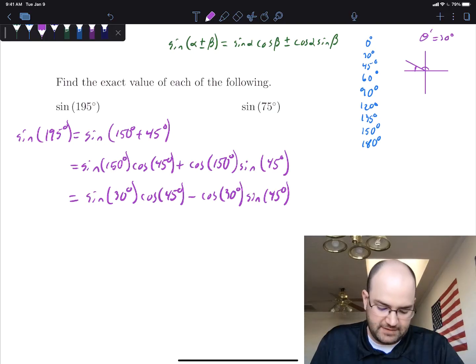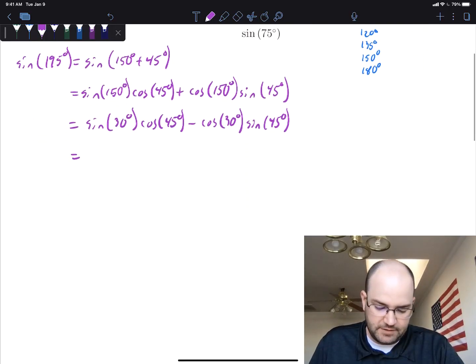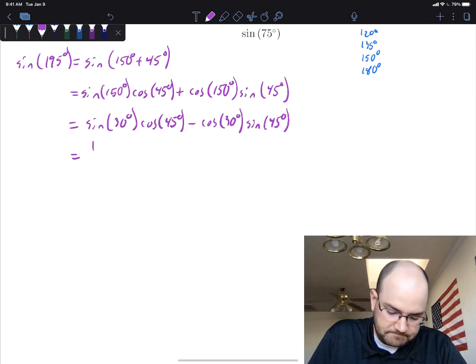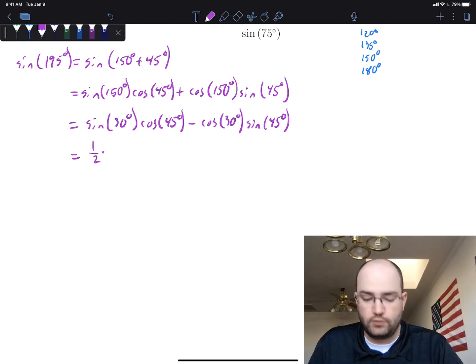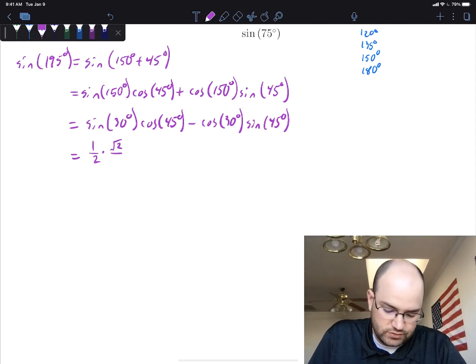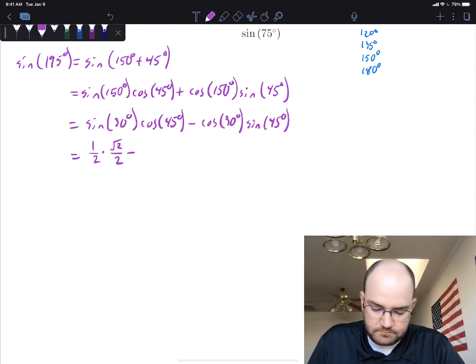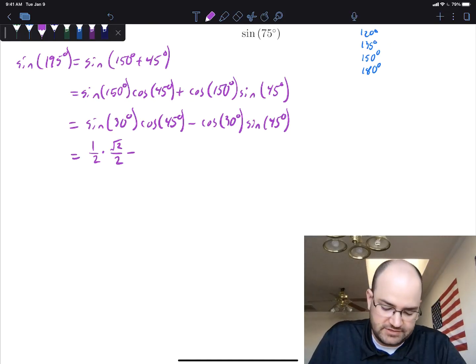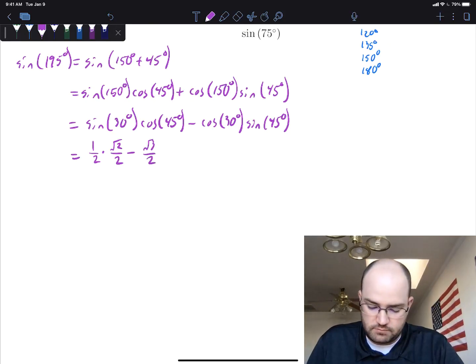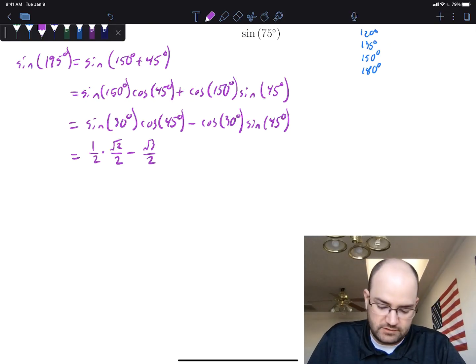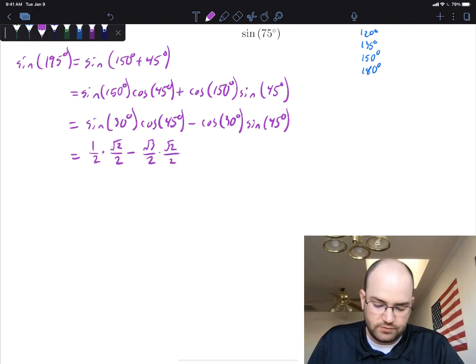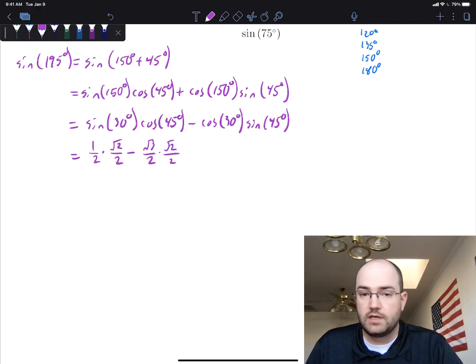And then just simplify. Sine of 30 degrees is a half. Cosine of 45 degrees is root 2 over 2. Minus cosine 30 degrees is root 3 over 2. Sine 45 degrees is root 2 over 2. And then just simplify.